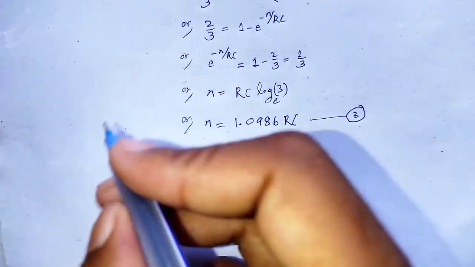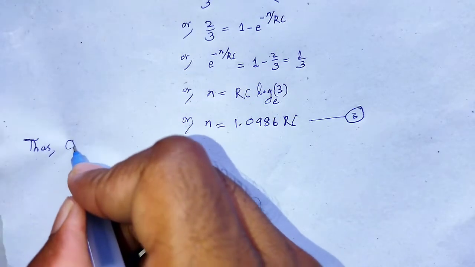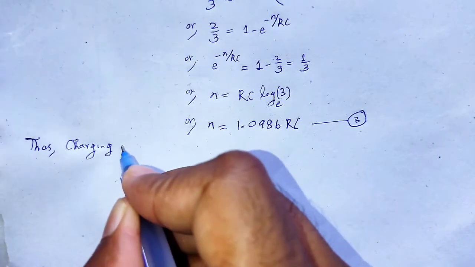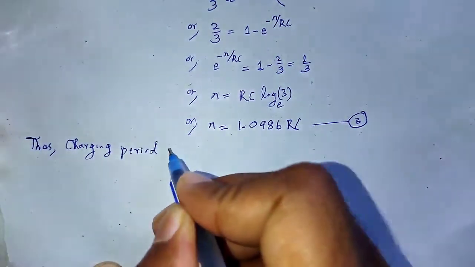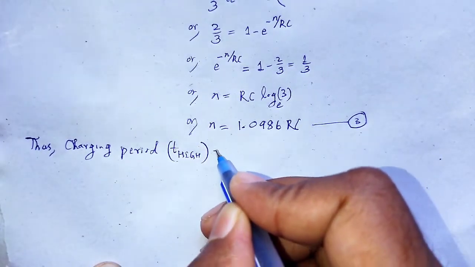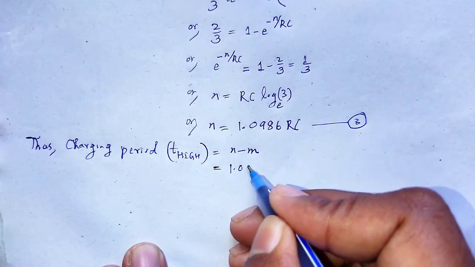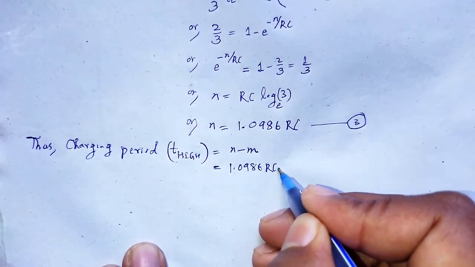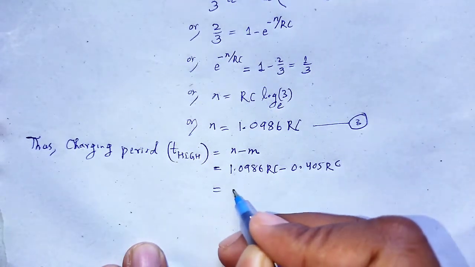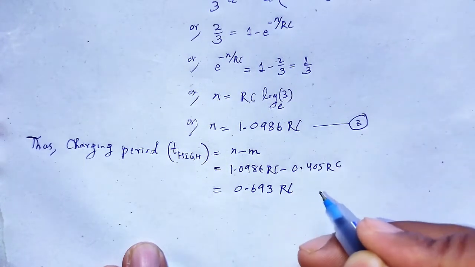Thus the charging period T high is equal to n minus m, 1.0986 RC minus 0.405 RC, that is equal to 0.693 RC.